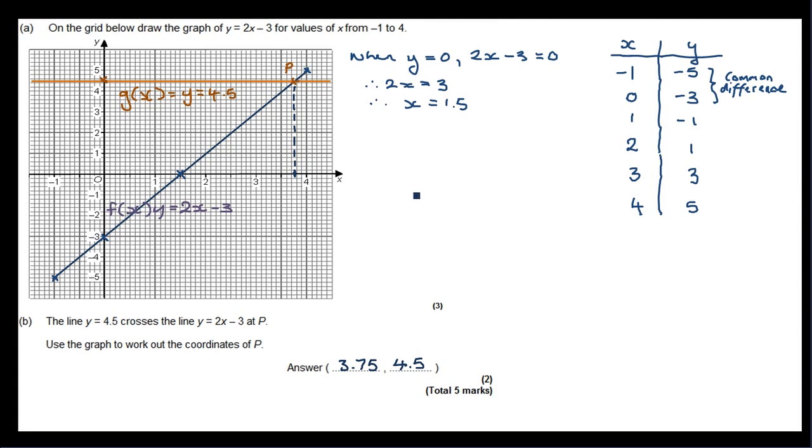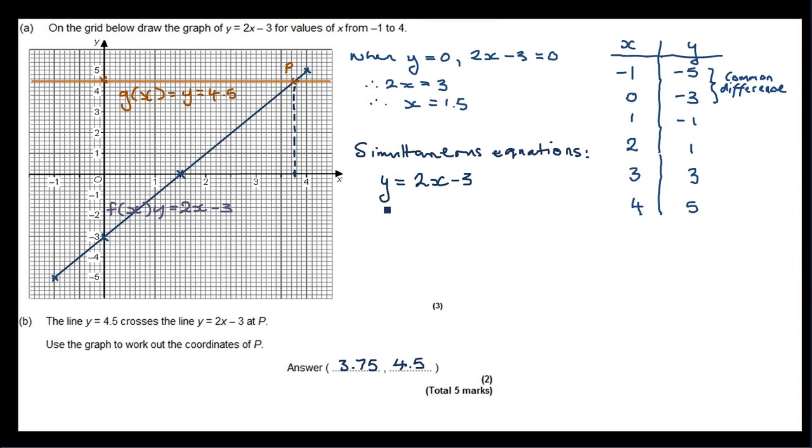But just out of interest, because we're looking at this question rather than trying to complete it in a timed test, another way of doing this, certainly not the way that's suggested, would be to use simultaneous equations. By simultaneous equations, what I mean is we've already got y equals 2x minus 3.